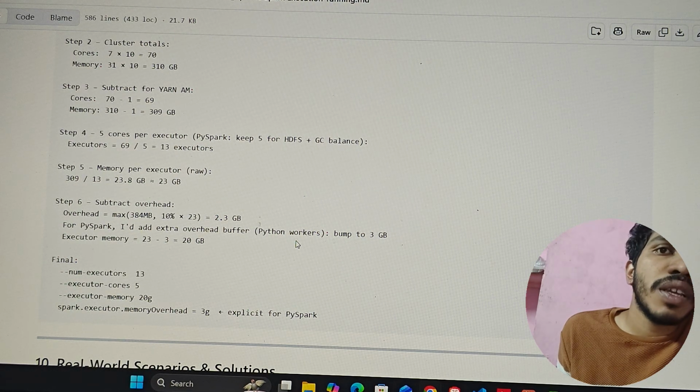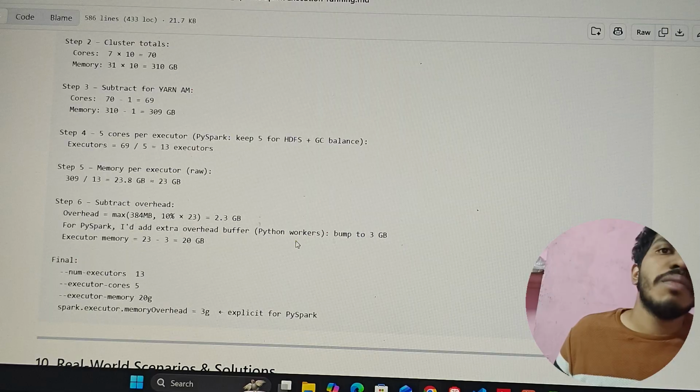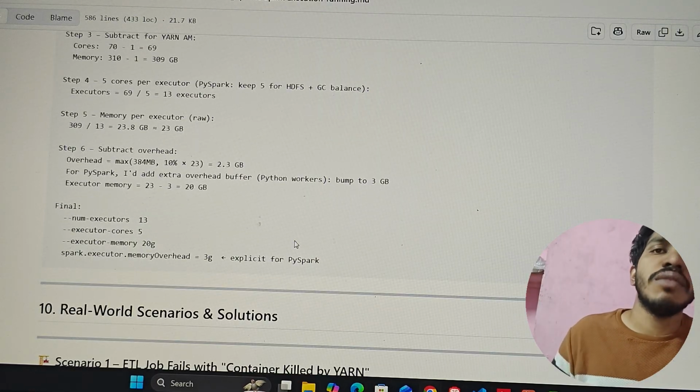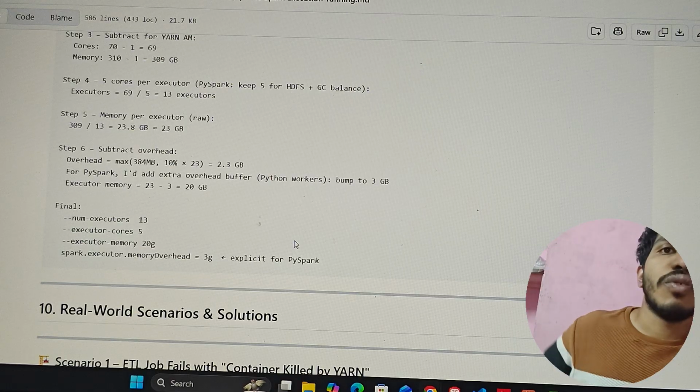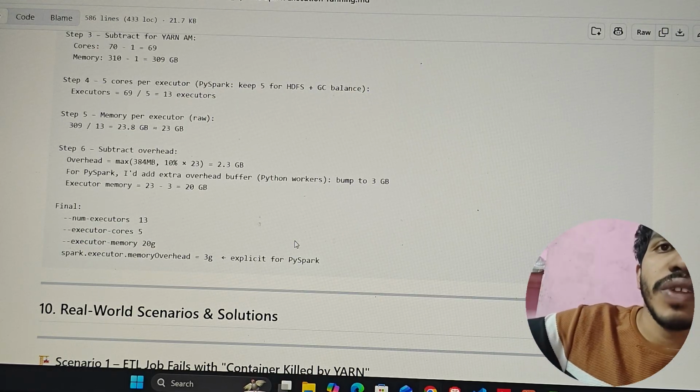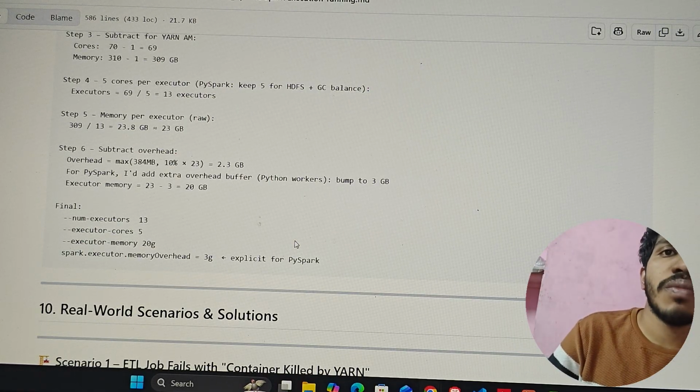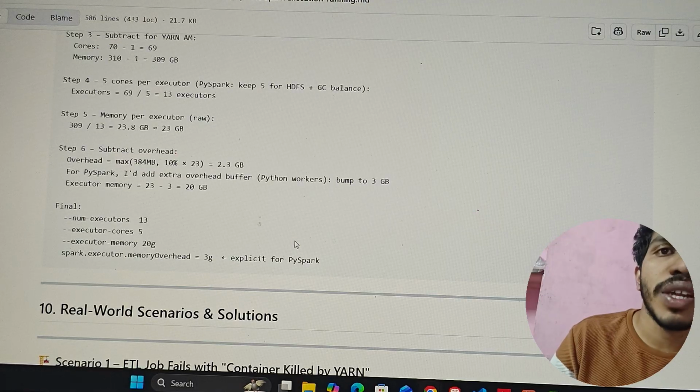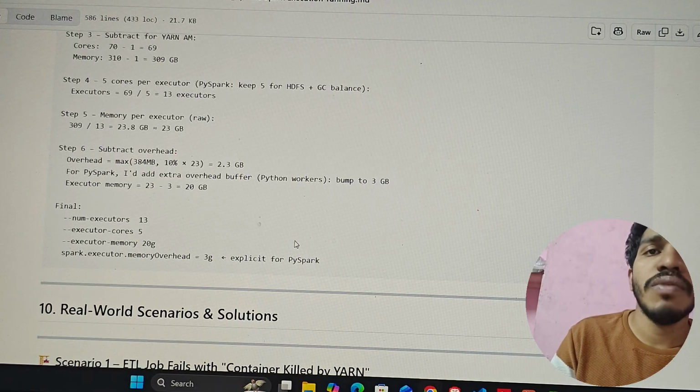So executor memory equals 23 minus 3 GB, which is 20 GB. So final: number of executors is 30, executor cores is 5, and executor memory is 20 GB. spark.executor.memoryOverhead is 3 GB, set explicitly for PySpark.